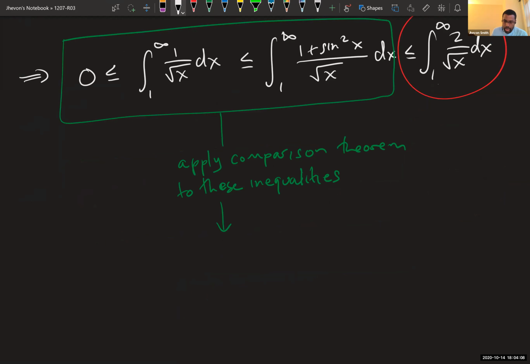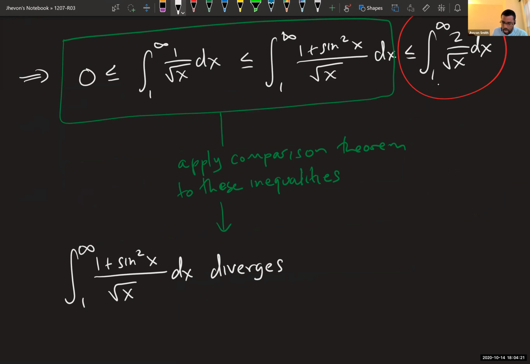So we can say that the integral from 1 to infinity of 1 plus sine squared x over radical x dx diverges by comparison with that.